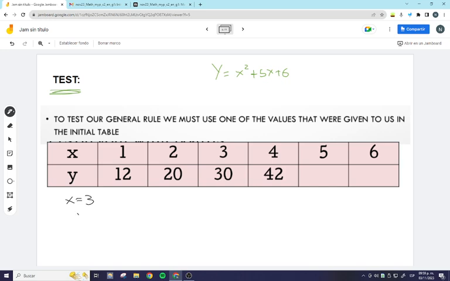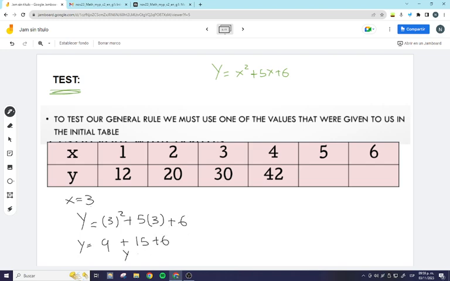So y is x squared, so that would be 3 squared, plus 5x, which is 5 times 3, plus 6. Let's do it. Y is 3 squared, which is 9, plus 5 times 3, which is 15, plus 6.